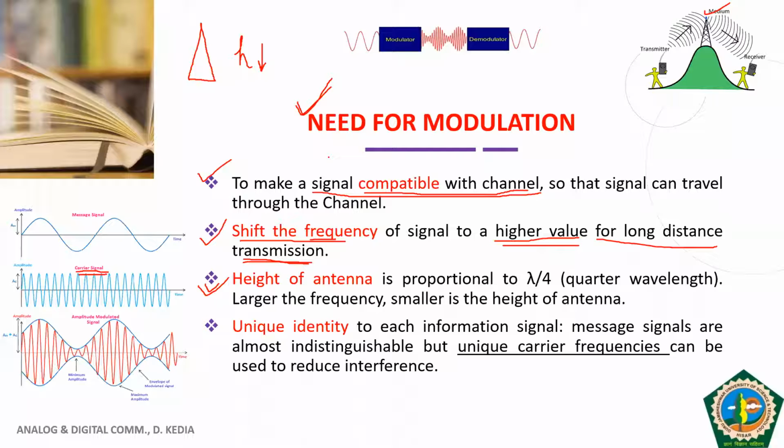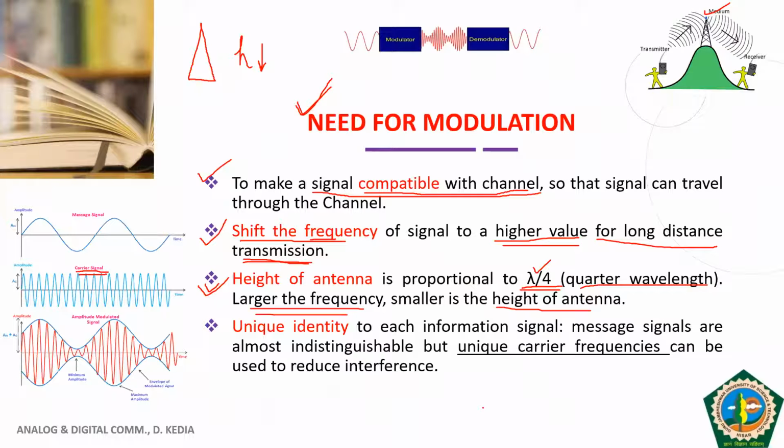you should know this thing, that the height of the antenna is proportional to the quarter wavelength. Quarter wavelength means 1/4 of the wavelength. And we know that wavelength and frequency are inversely proportional to each other. So it means if we want a smaller height of antenna, smaller height means smaller wavelength, which means the frequency should be large.